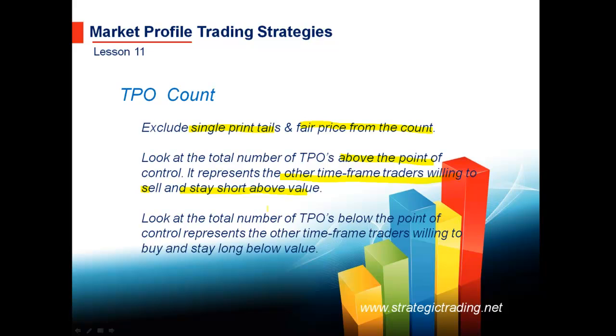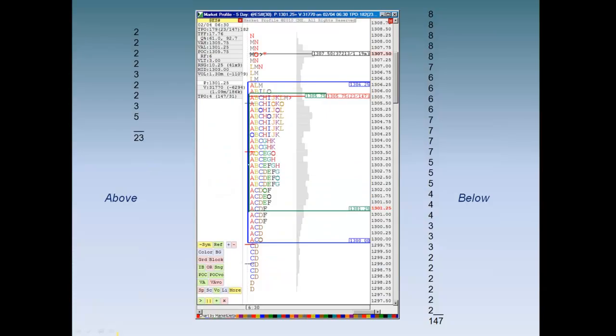There is more selling than there is buying, if in fact the number above the point of control is larger than the number below the point of control. The number below the point of control is really the other time frame traders that are willing to buy and stay long below value. So we have two competing forces, and this TPO count tells us which of these competing forces is starting to dominate and where's the imbalance.